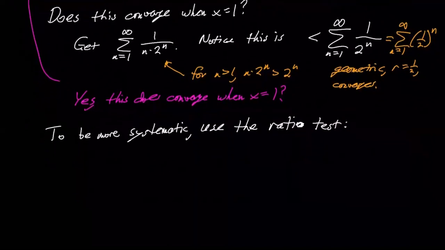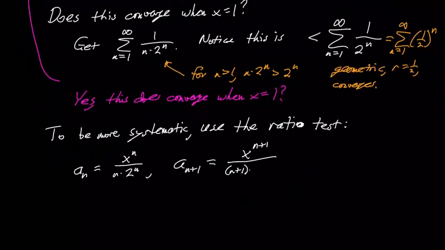Here, a sub n is x to the n over n times 2 to the n. Remember, to do the ratio test, we also need a sub n plus 1, replacing n with n plus 1 everywhere. So we have x to the n plus 1 in the numerator, and n plus 1 times 2 to the n plus 1 in the denominator.